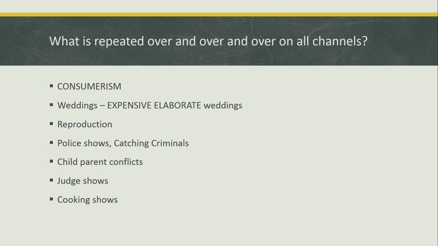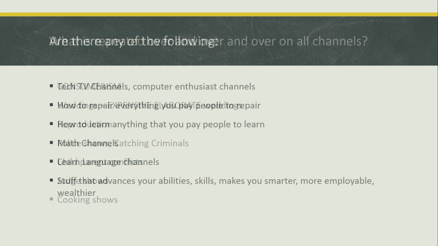What is repeated over and over and over on all channels? Consumerism, weddings, expensive, elaborate weddings, the rings, reproduction, marry and reproduce, talent competitions in reality TV, police shows catching criminals, child-parent conflicts, judge shows, cooking shows, to reinforce behavior and in some cases create new ones.